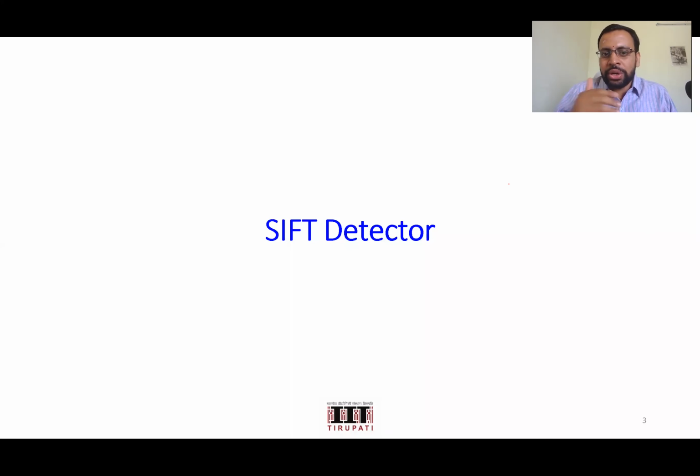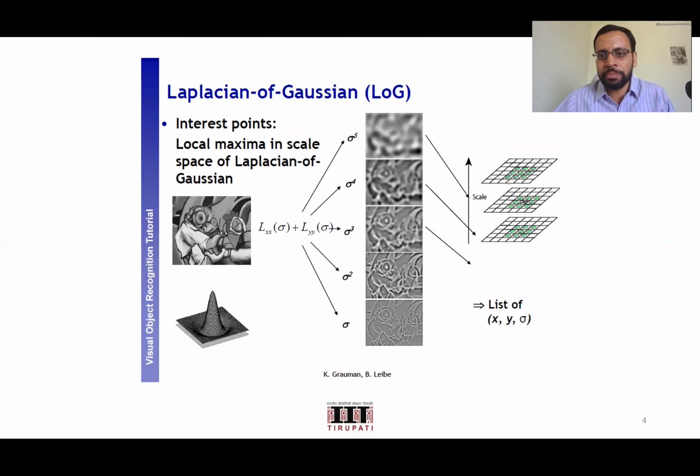The topic we are going to look at is the SIFT detector. The good thing is the majority of the concepts involved in the SIFT detector, we have discussed while discussing the scale invariant Harris corner detector. There are a few more upgradations to that, which we will get more clarity on as we move on.